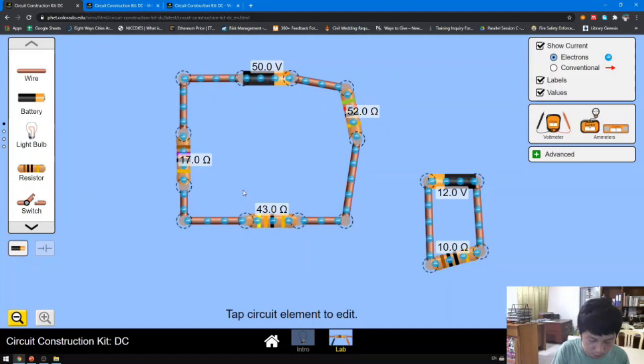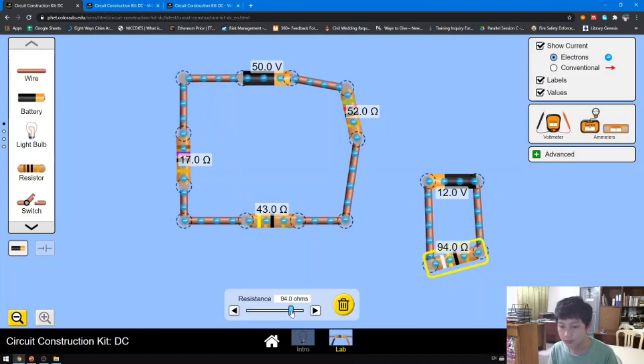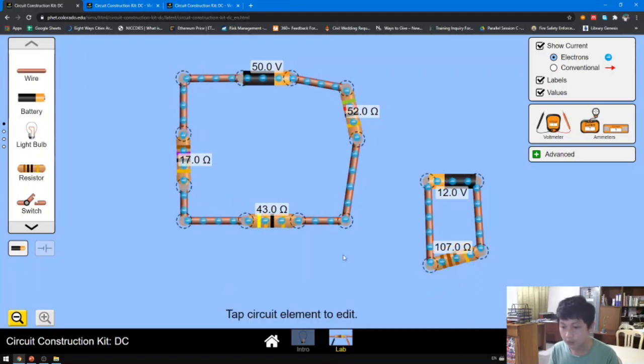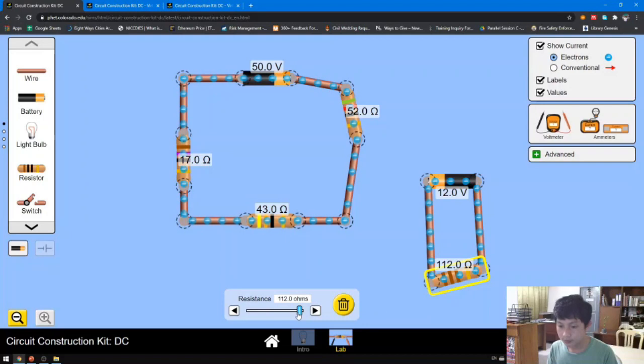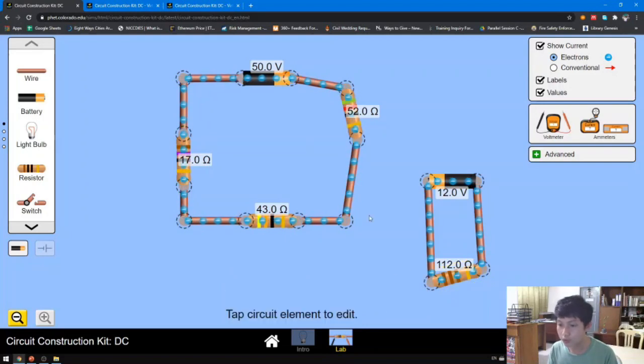We have 52 plus 17 plus 43, so we have 107 ohms. Sorry, it's 112 ohms.